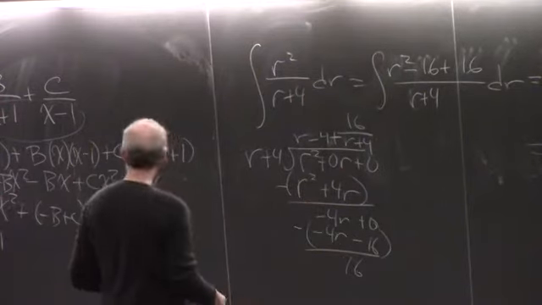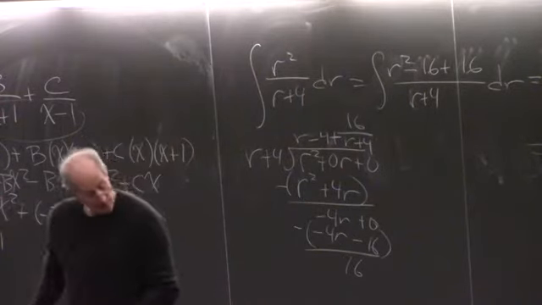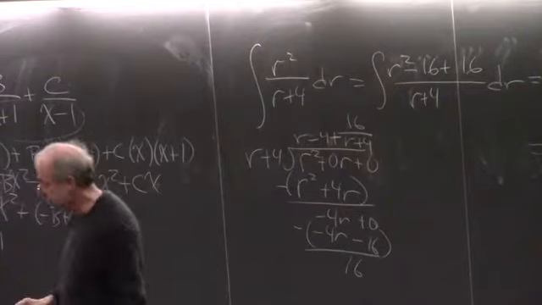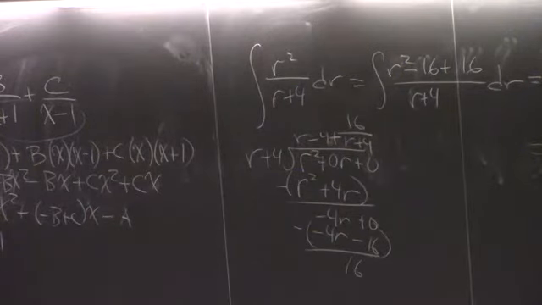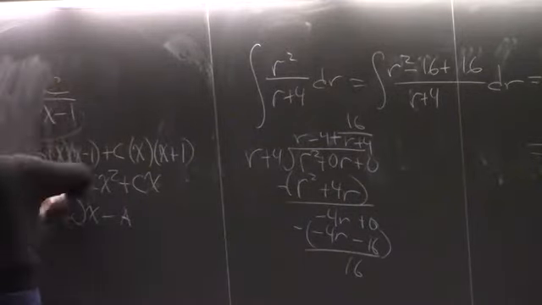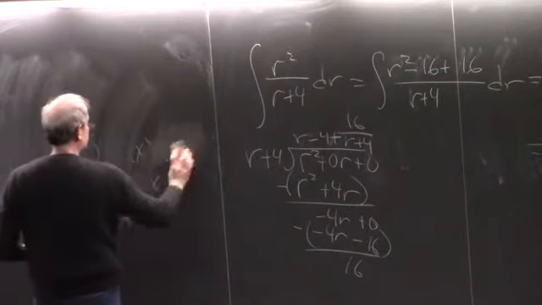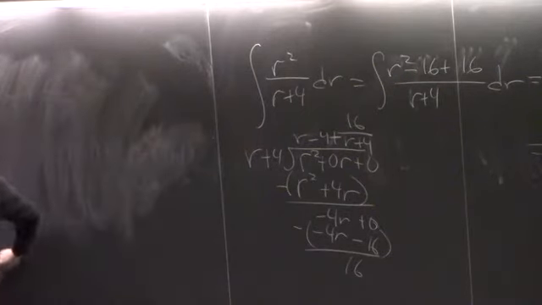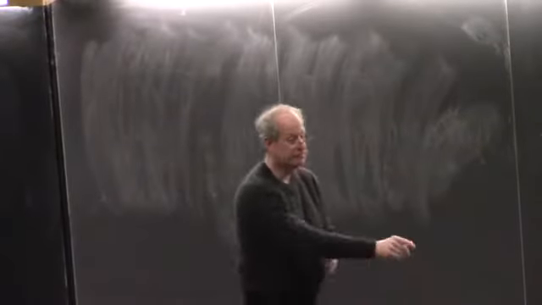And if you had x squared plus 4 and x cubed plus 4, that's a nasty one. I never teach these. They're hard. But you should be able to do them once you get the hang of them.